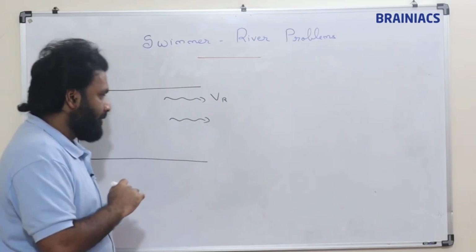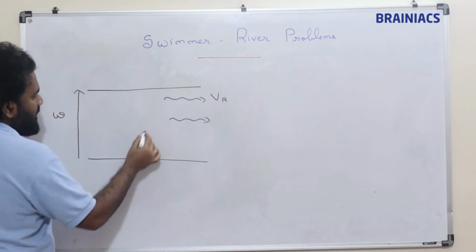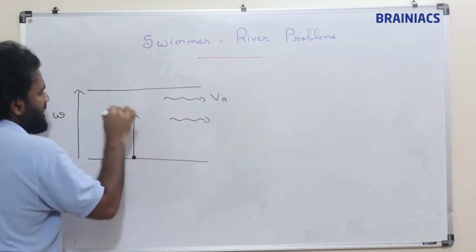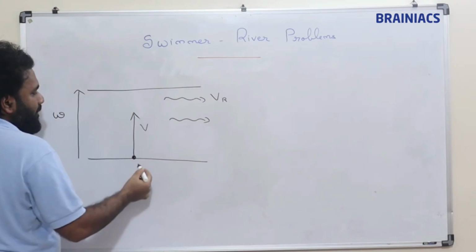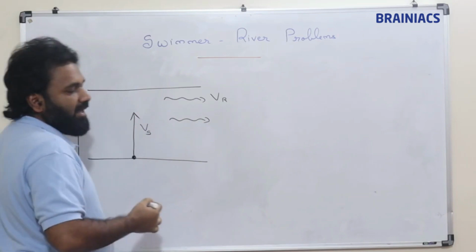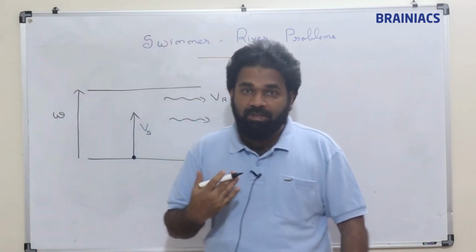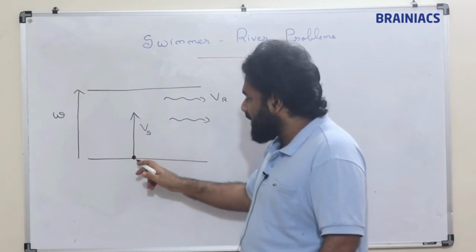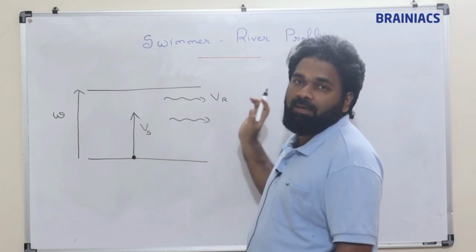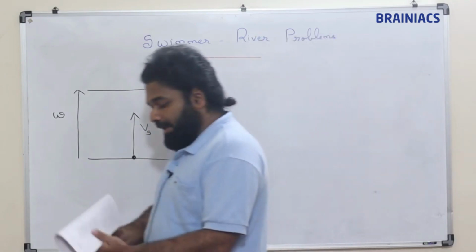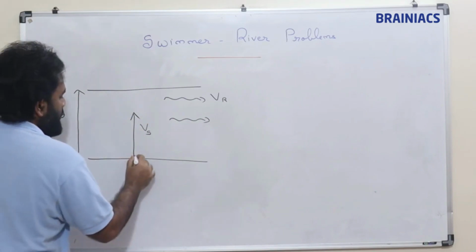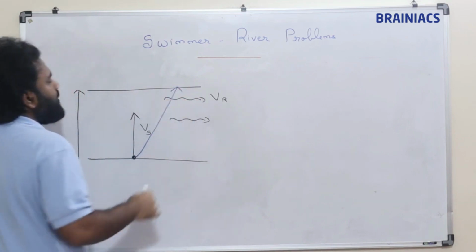Now suppose the swimmer is moving in this direction, his intention is to move in this direction and actually he jumps in this direction, then because of the effect of this river velocity, he is going to join somewhere like this.